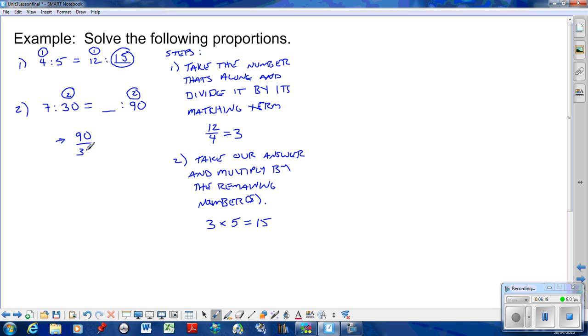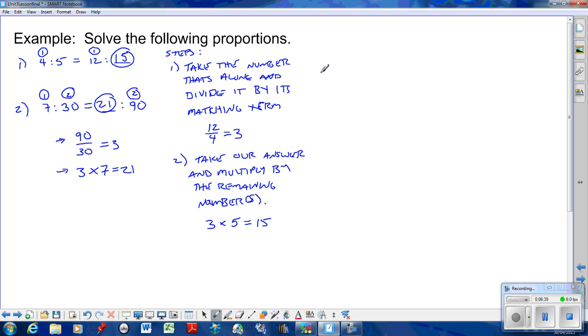So 90 divided by 30 gives us 3. In the next stage, we take that value and multiply it by the number that's left, the 7. 3 times 7 is 21, and that is our missing value in the ratio.